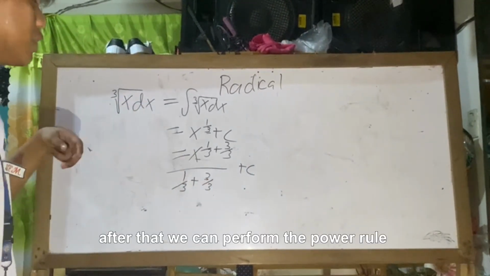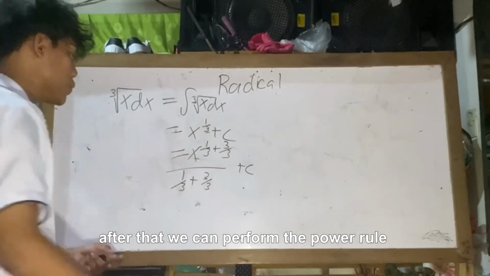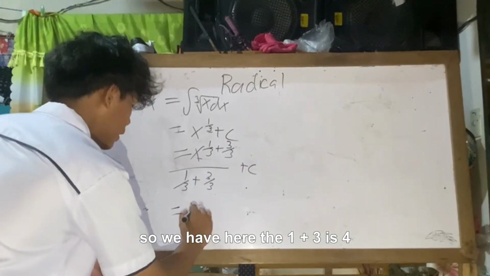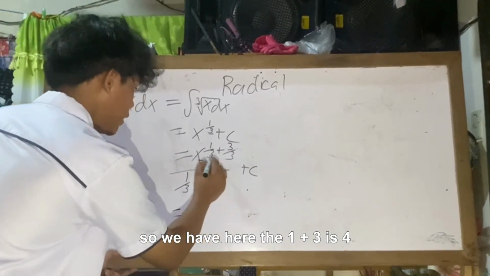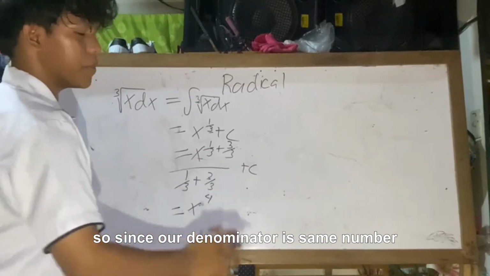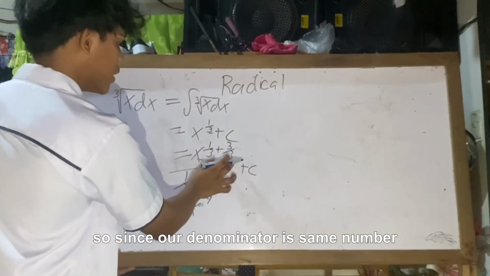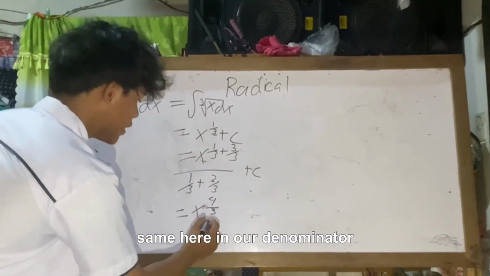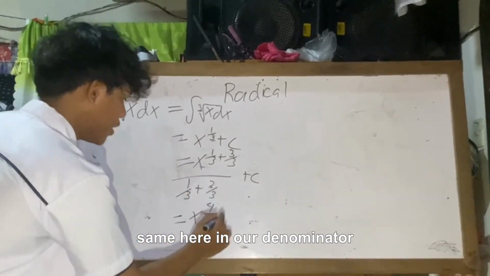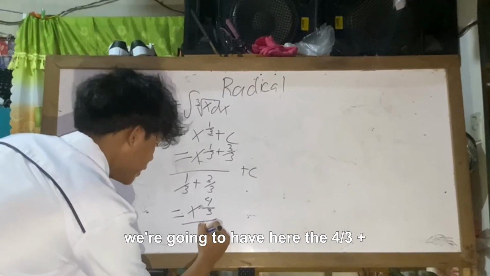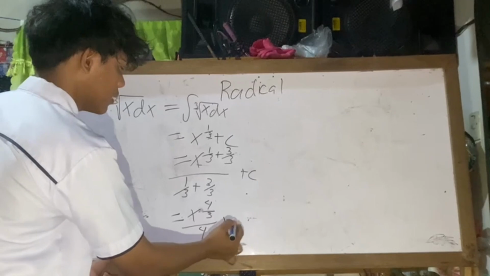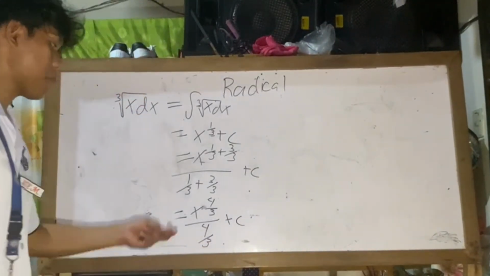After that, we can perform the power rule. So we have 1 plus 3 is 4. Since our denominator is the same number, we're just going to copy that. So we'll have x to the 4/3 plus c.